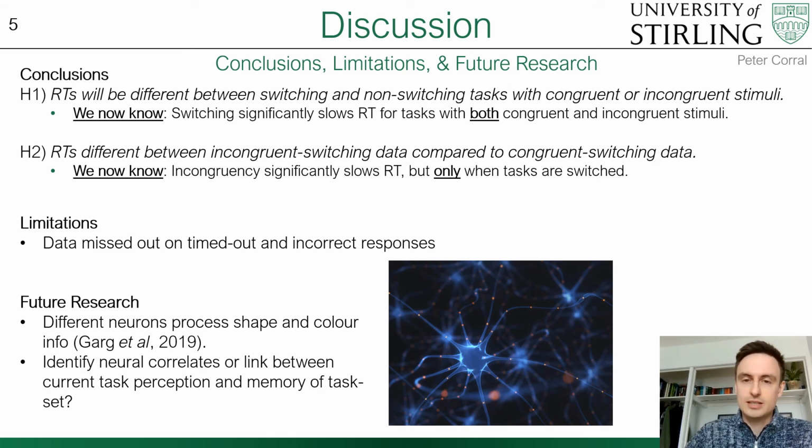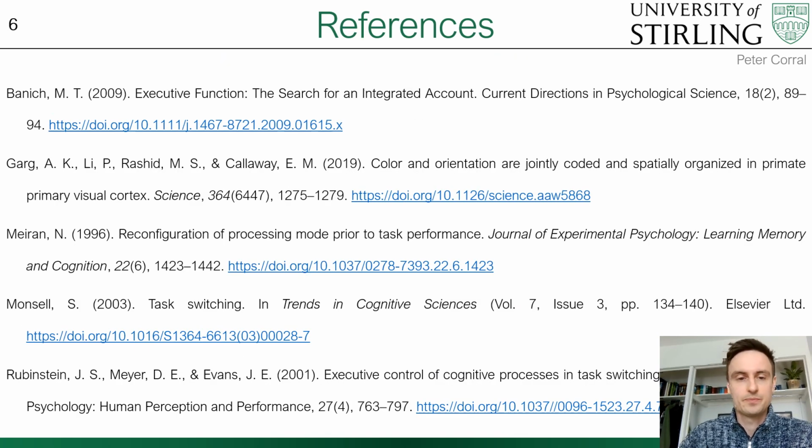Since we know that task sets are stored in memory, perhaps incoming information from task stimuli is processed by these different groups of neurons, and their activity, their output, is perhaps shaped and coordinated by the task set memory. So there may be an interesting interaction between the memory system and the perceptual system. That's something I think would be really interesting to investigate in future.